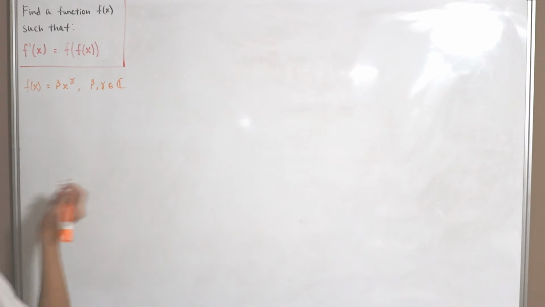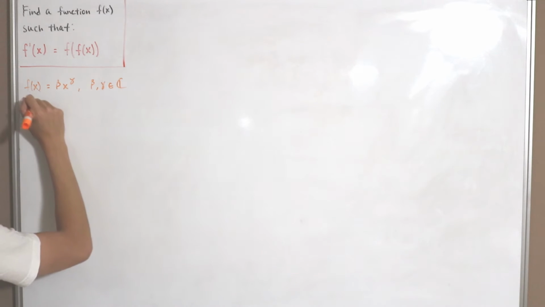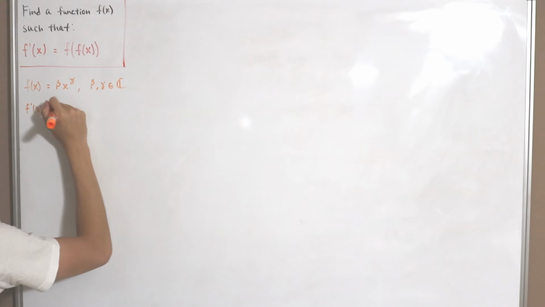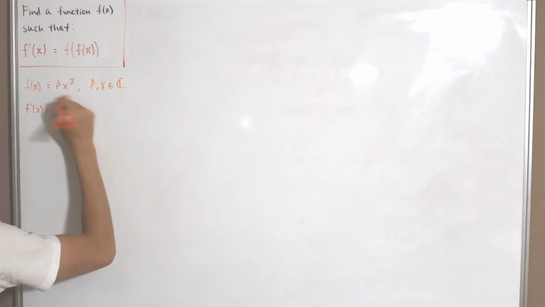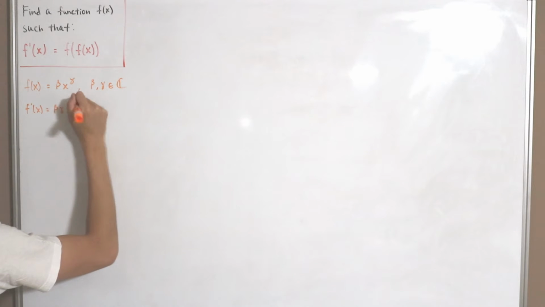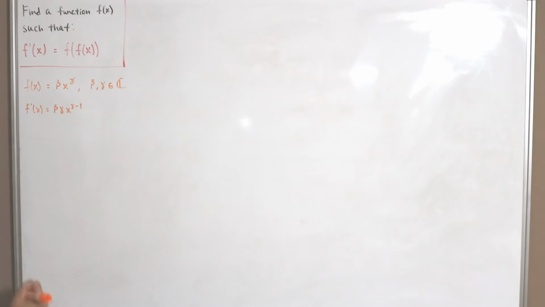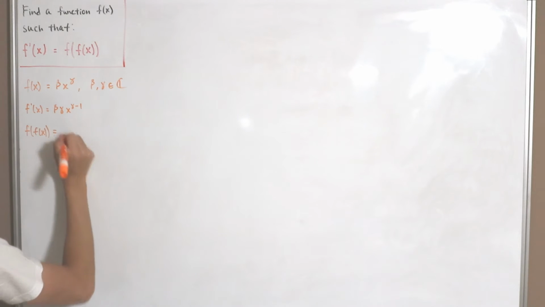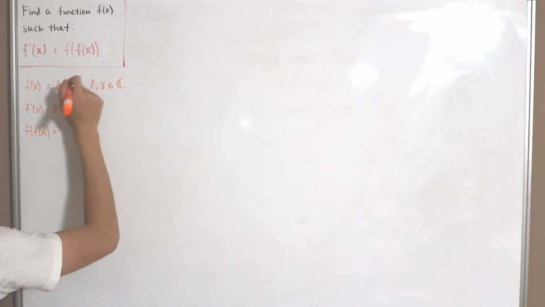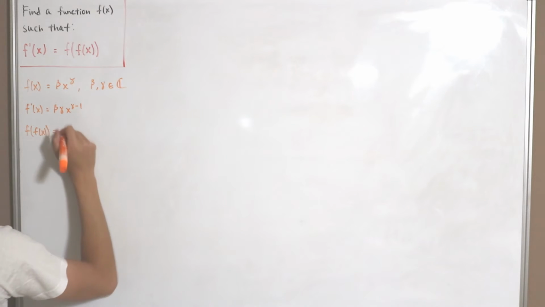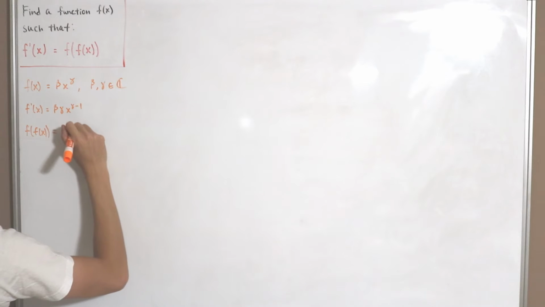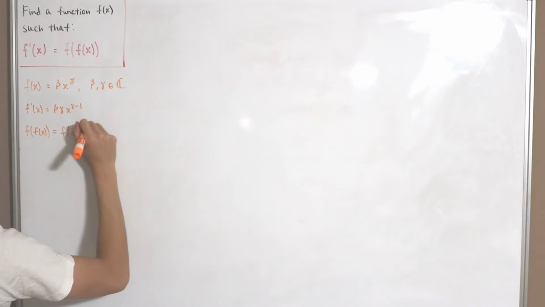Now if I take the derivative, f prime of x will be beta times gamma times x to the power gamma minus 1. Okay, now how about we do f of beta x to the gamma.